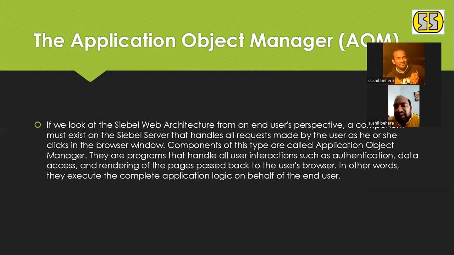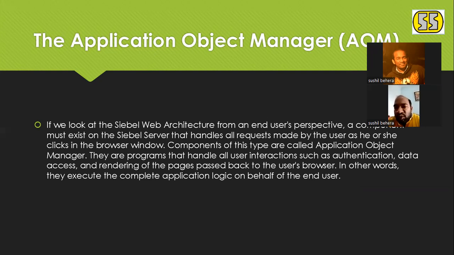Let's say it validated that they are correct. Now the application object manager needs to give a response: the home page of the application, so the user is able to see it.